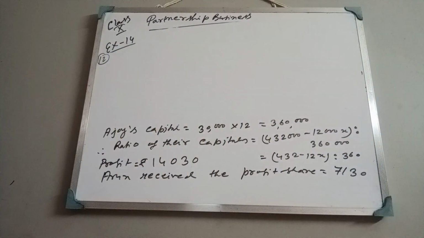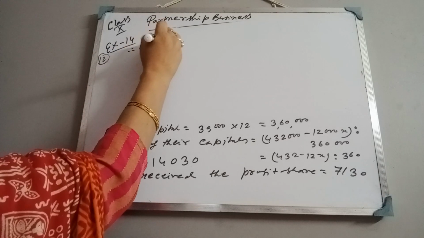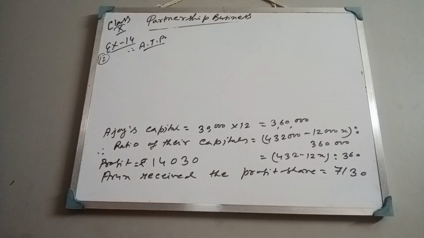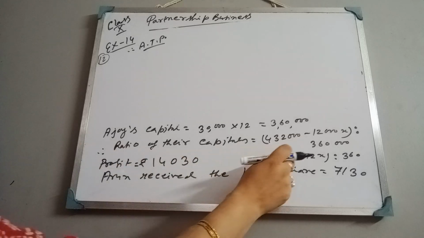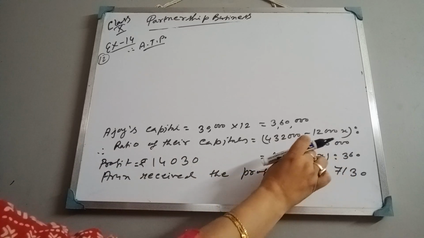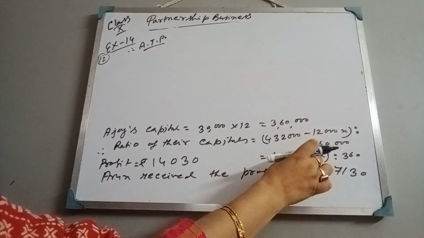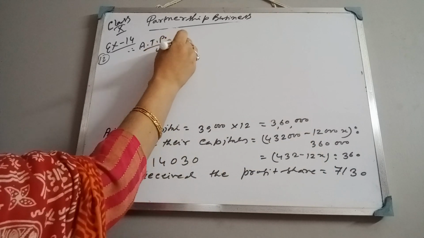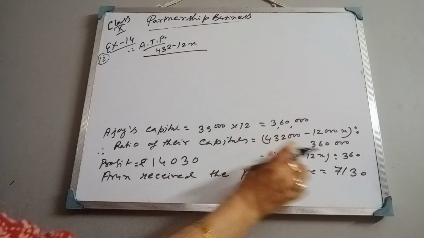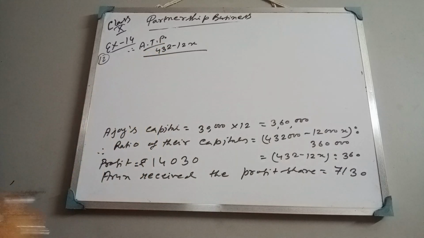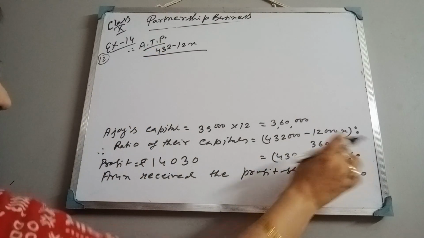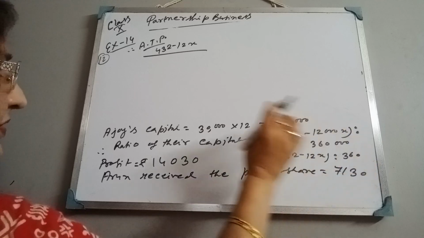According to the problem, the capital ratio, this part 432 minus 12x is for Arun. So we will write 432 minus 12x divided by the total part, which is 432 minus 12x plus 360.